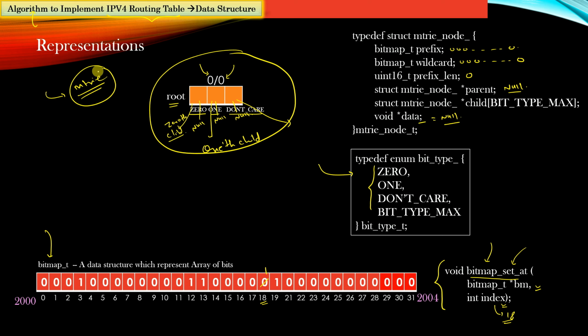Remember, this mtry data structure would be nothing but your IPv4 routing table in the end. I hope you understood this structure. This structure is very important in order to understand the algorithm. Once again, every node of the mtry will store the effective prefix, which is a combination of the prefix and wildcard, of course the prefix len, the pointer to the parent, the pointers to its children, and the additional application specific data. Now in the next lecture video, we will start our discussion with how we will insert routes one by one into the mtry data structure.